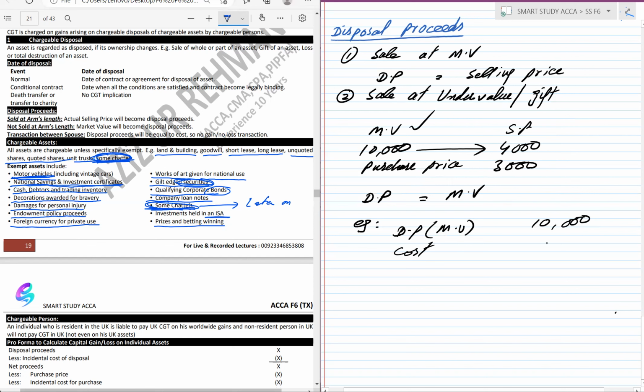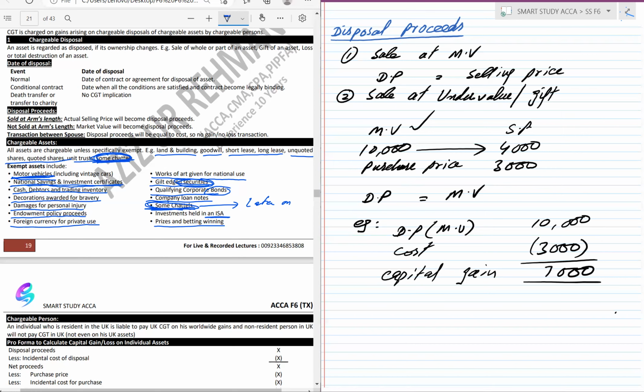Cost of the asset is 3,000 pounds. And we will have to pay tax on 7,000 pounds. This is our capital gain. So we will take the selling price of the asset, deduct cost, we will have capital gain, and we will pay tax on that capital gain. So this is basically the point of gift or sale below the market value.